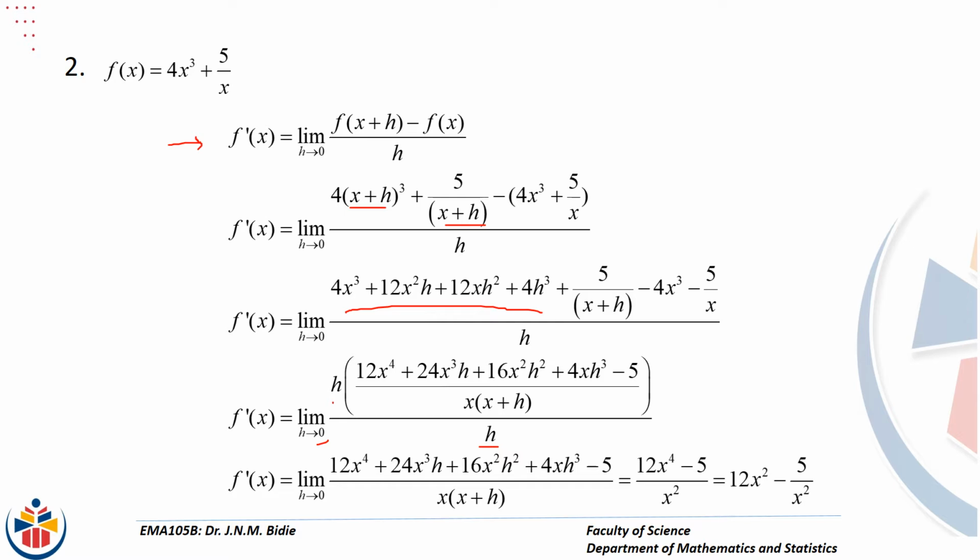So our main aim for all the simplifications we're doing is to remove that h from the denominator. And thereafter, once it has been removed, you can then substitute the value for h, which is 0, and simplify. And please check whether you'll get the same answer.